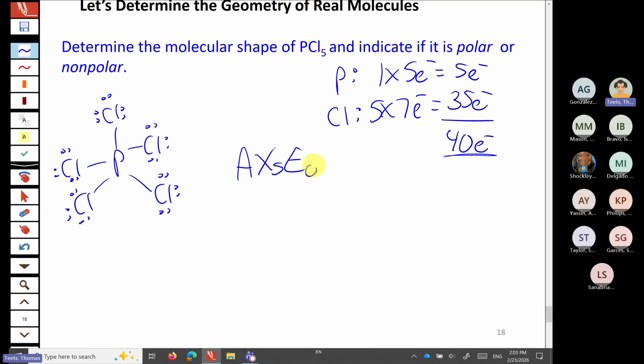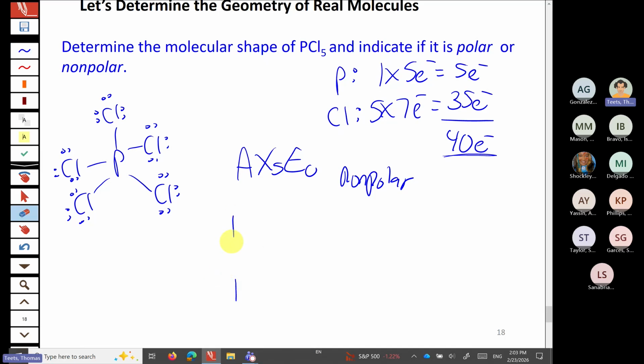Now, from the standpoint of predicting polarity, we just said if there's no lone pairs on the center atom and all of the X's are the same, which is true here, it's PCl5, then we already know that it's going to be nonpolar. So that part we can answer without even considering the shape and what the name of it is. It's nonpolar. Now, this question also asks for the name of the molecular shape. Again, 5 electron groups gives us trigonal bipyramidal.